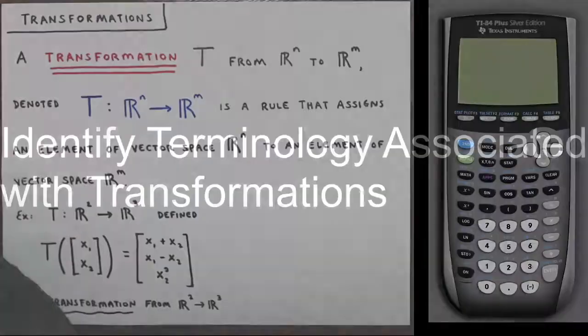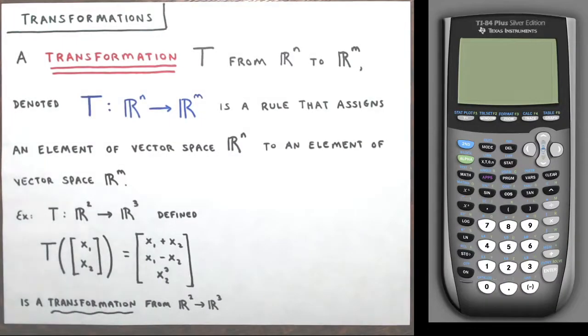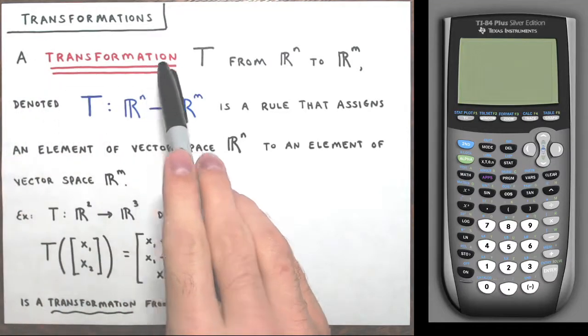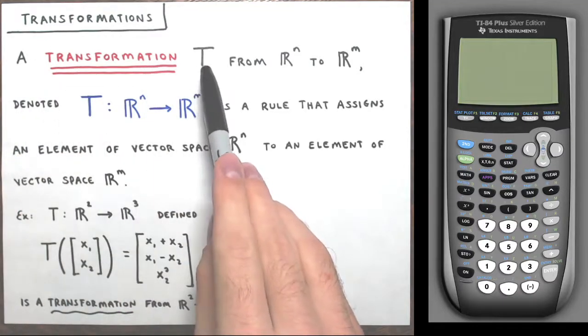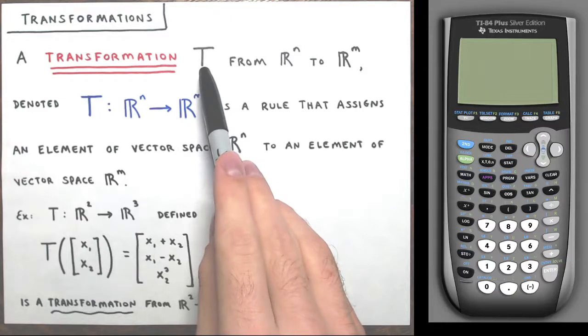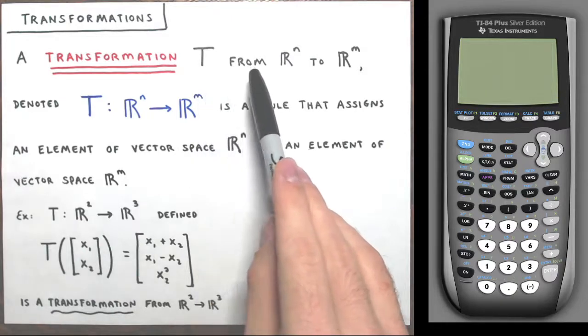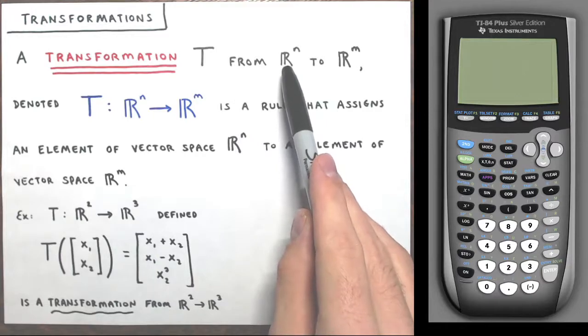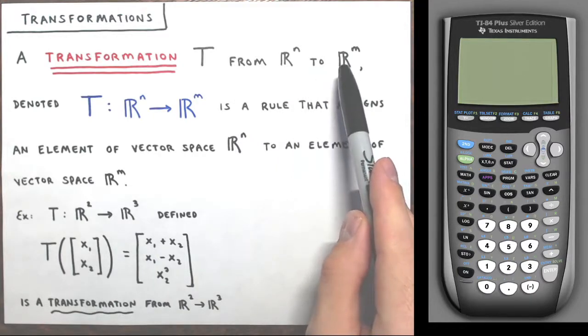So beginning here with the definition of a transformation. It's basically a more generalized function, if you're familiar with functions, as I'm hoping you are by this point if you're watching this. So a transformation, say T, the name of the transformation or the name of the rule, from vector space Rn to vector space Rm.